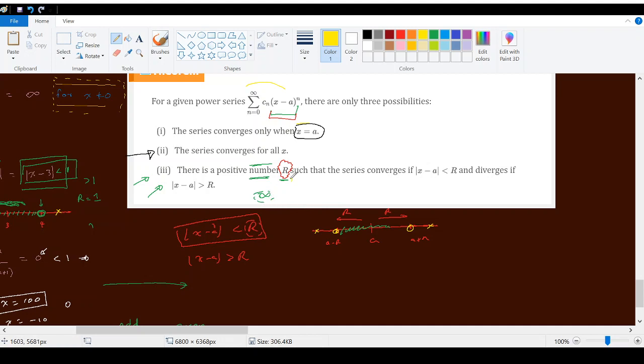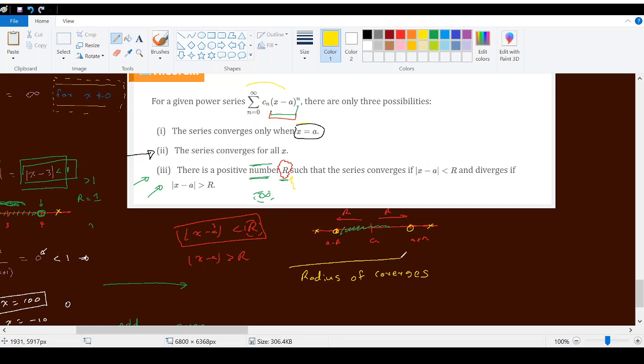This number is called the radius of convergence. This is the meaning of the radius of convergence, right? So that is the interval length or the interval radius, so that the values converge inside the interval and the series diverges outside that interval.